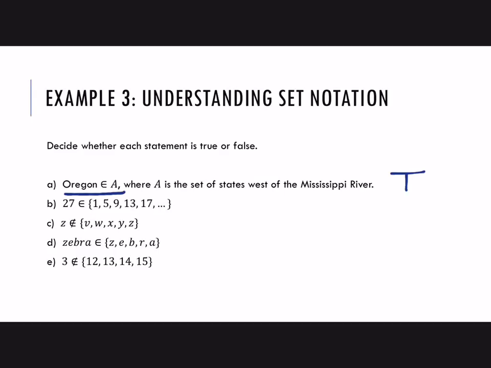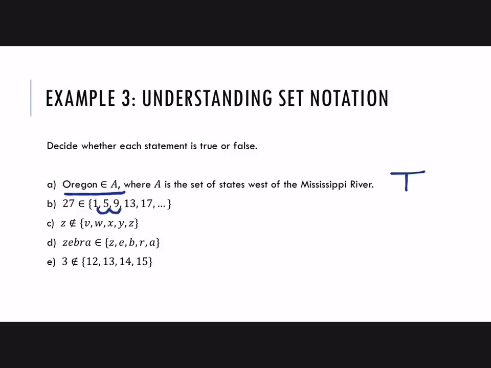Part B, 27 is an element of the set 1, 5, 9, 13, 17, etc. So initially you might say this is false because you don't see 27 written there, but this ellipsis indicates that there are more elements in the set that we can't see. So we do need to check. Now you'll notice there's a pattern here.